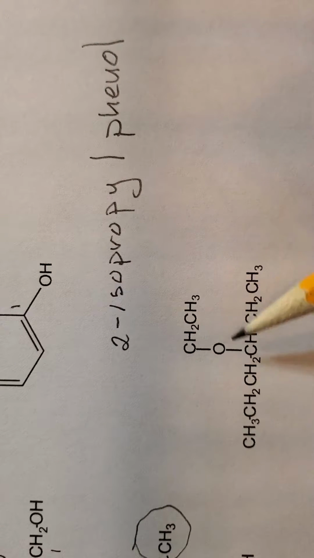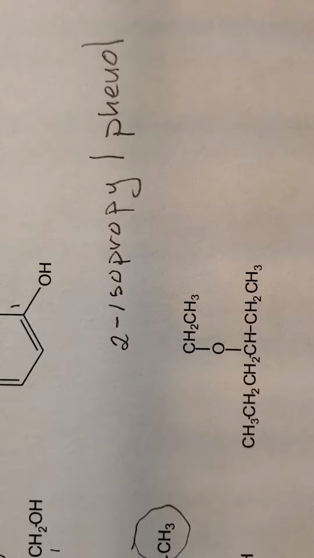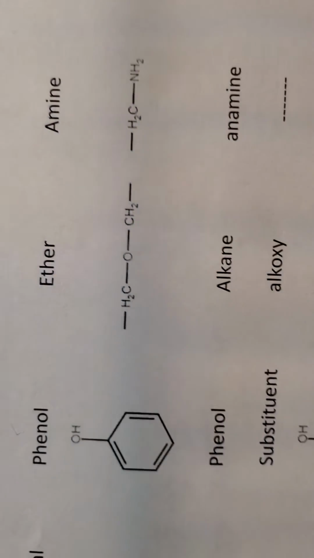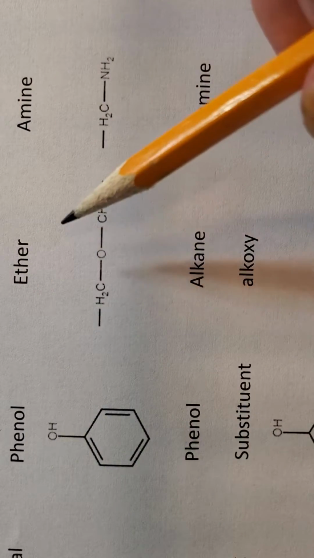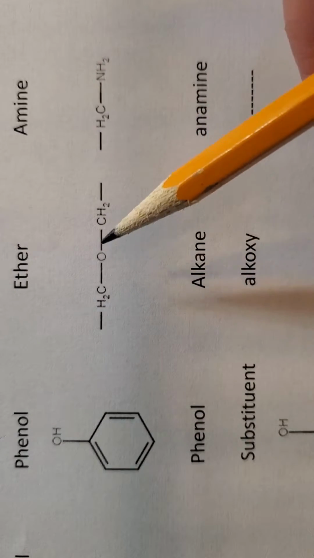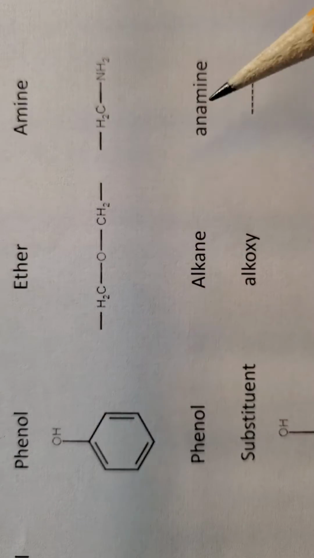All right, now we look at this. This is an ether. So we go to our cheat sheet and find ether. Here it is. So here's an ether. The structure of an ether is an oxygen with carbon on either side.